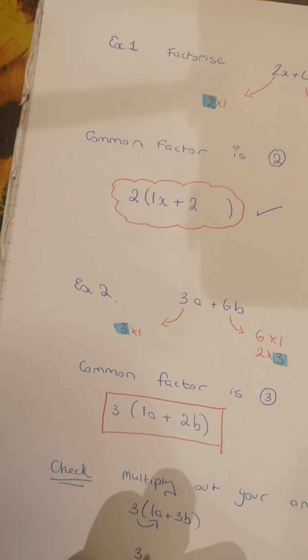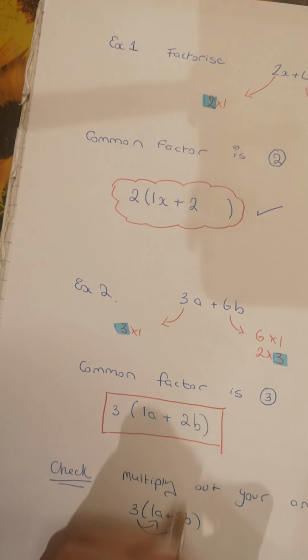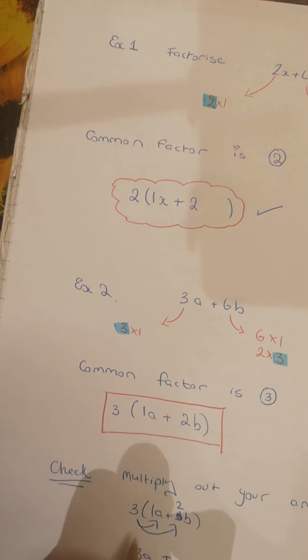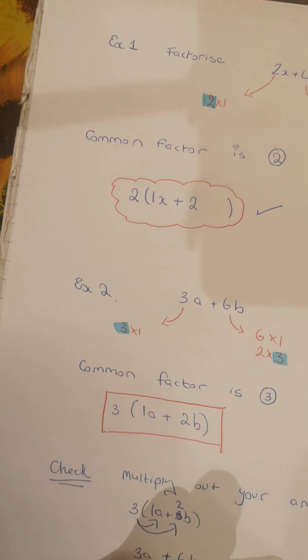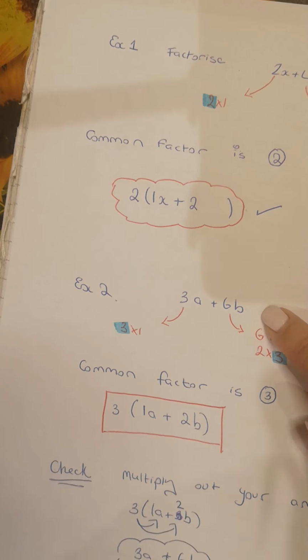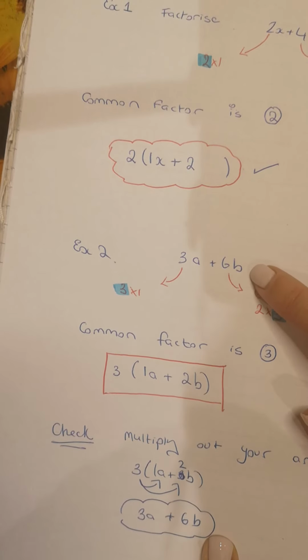That by that, 3a. That by that, sorry, that should be a 2. That by that, 6b. Do you notice anything? This and this, it's the same. That should always happen. Your answer and your question should always be the same when you check it.